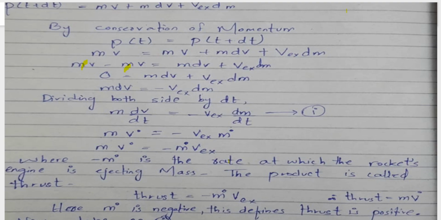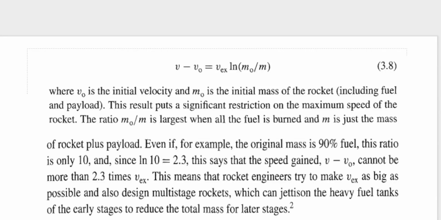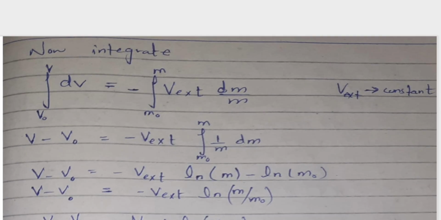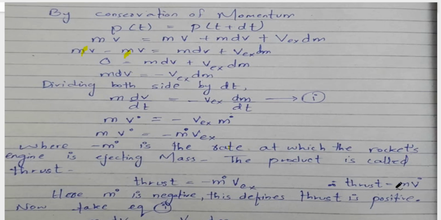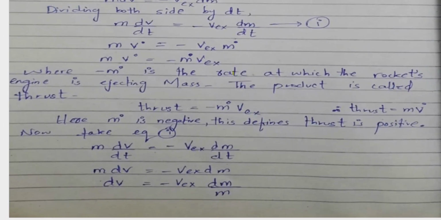After taking equation 1 again and cancelling dt with this dt, you are remaining with these. After arranging, dv remains the same and m goes to the other side.